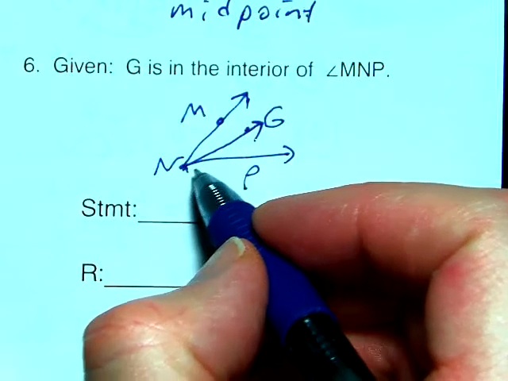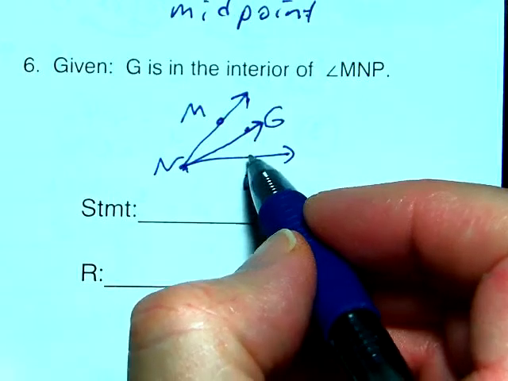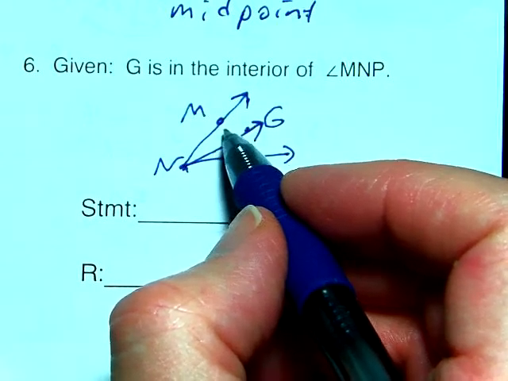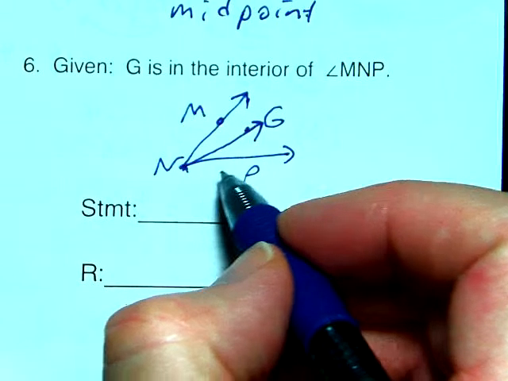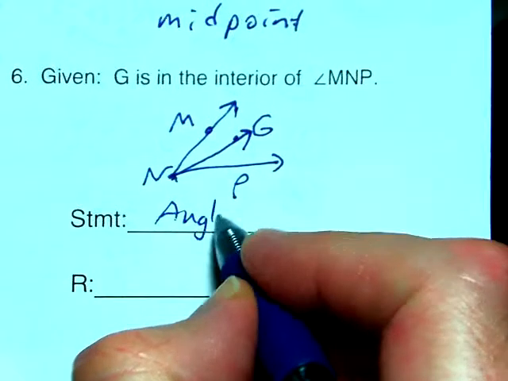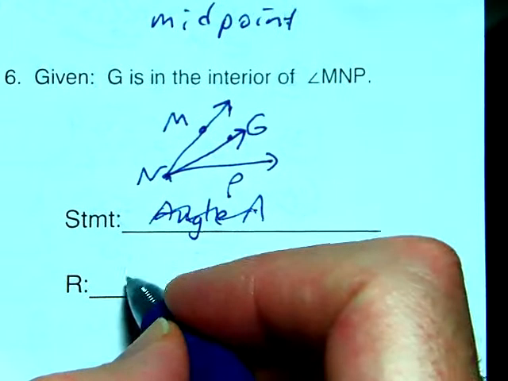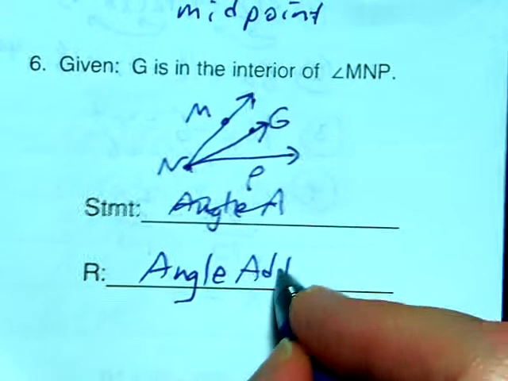This angle on the top could be larger than the angle on the bottom, but we do know that the two smaller angles sum up to the larger angle, to the outside angle. Okay, and that's because of the angle addition postulate. Whoops, I should put that in the reason here. The reason is the angle addition postulate.